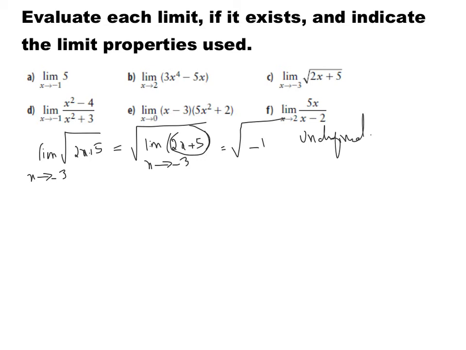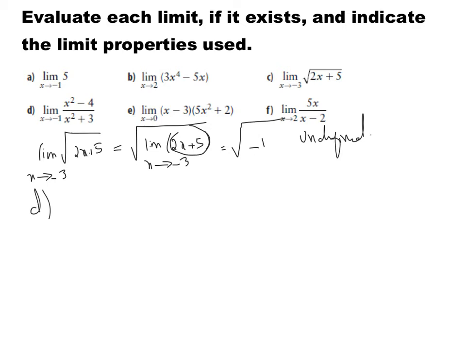The next one says find the limit as x goes to -1 of x squared minus 4 divided by x squared plus 3. To do this one, when x goes to -1, the denominator becomes -1 squared plus 3, which is 1 plus 3, which is 4.